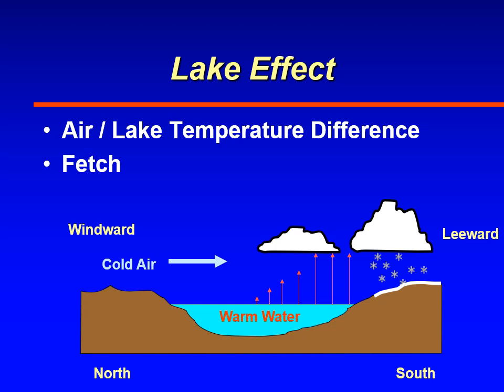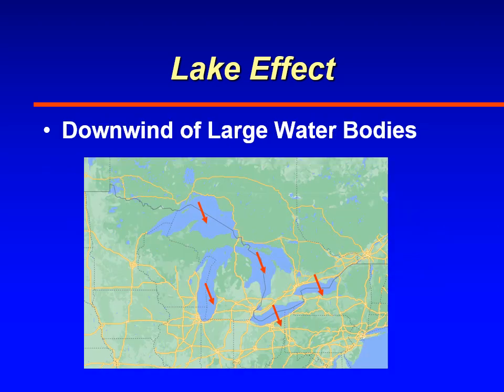The bigger the air-lake temperature difference, the more unstable the atmosphere is, and as a result, the more clouds you're going to get. So typically, downwind of large bodies of water, we're talking for lake effect, the Great Lakes states of Wisconsin, Minnesota, I guess, can be included in that, but also Indiana, Illinois, Michigan, Ohio, Pennsylvania, and New York tend to see a lot of this lake effect snow.